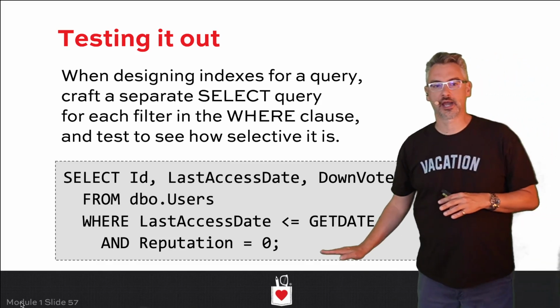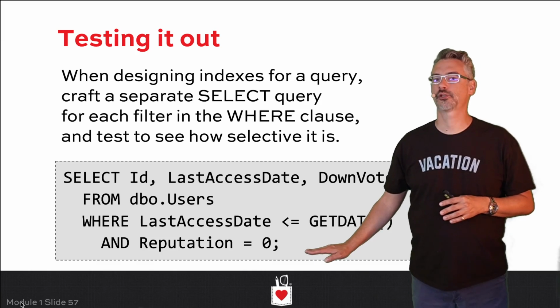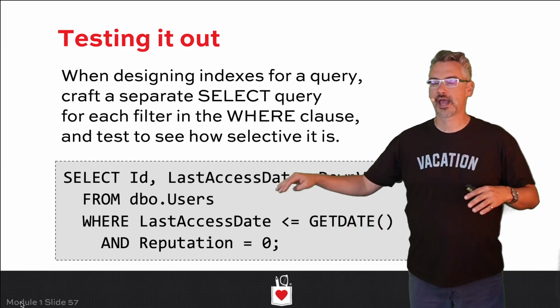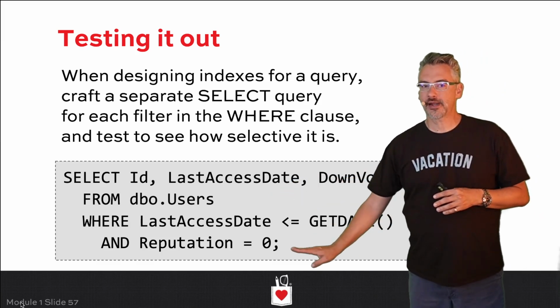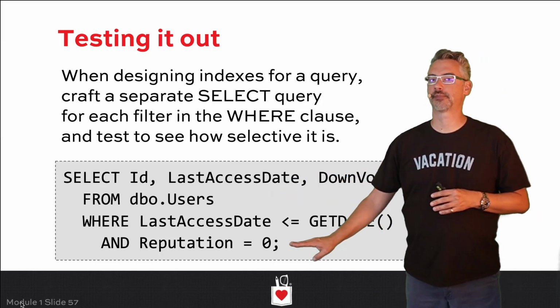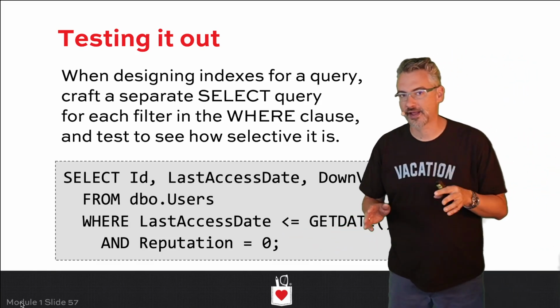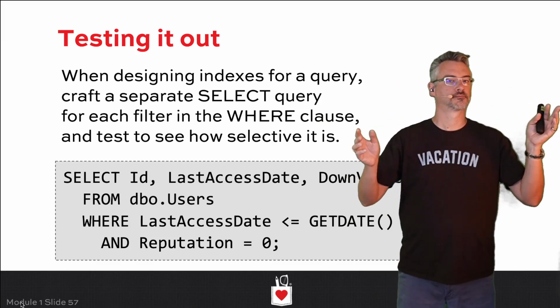On the flip side, there are only a relatively limited number of reputation scores out there, certainly not as many unique values as there are for last access date. So you might think that this might be less selective just because there are less distinct values for reputation. But that's not true.